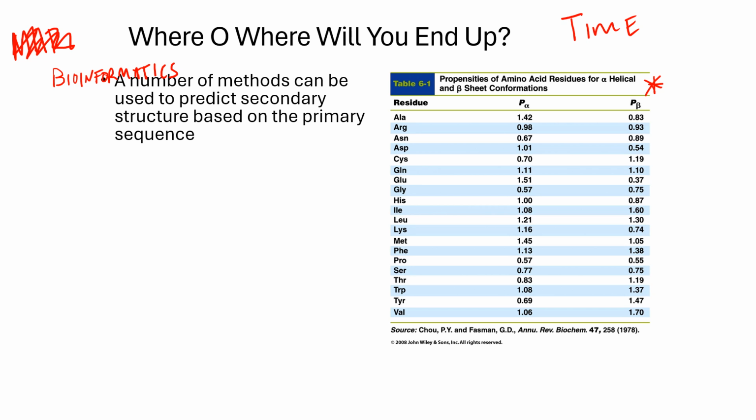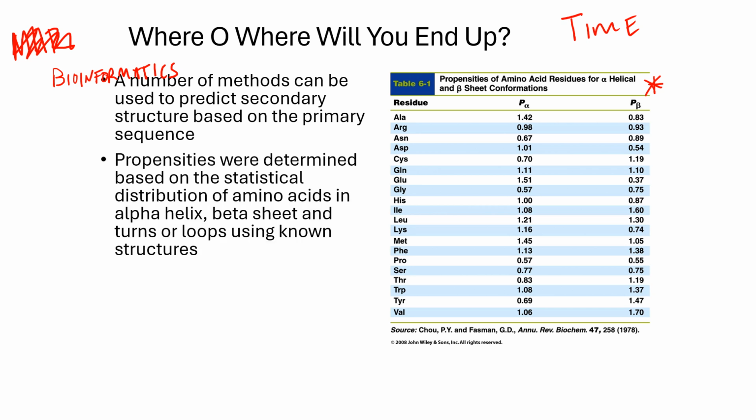So essentially, the authors of this paper, Chou and Fasman, took all of the contemporary data and they looked at primary structure and secondary structure.